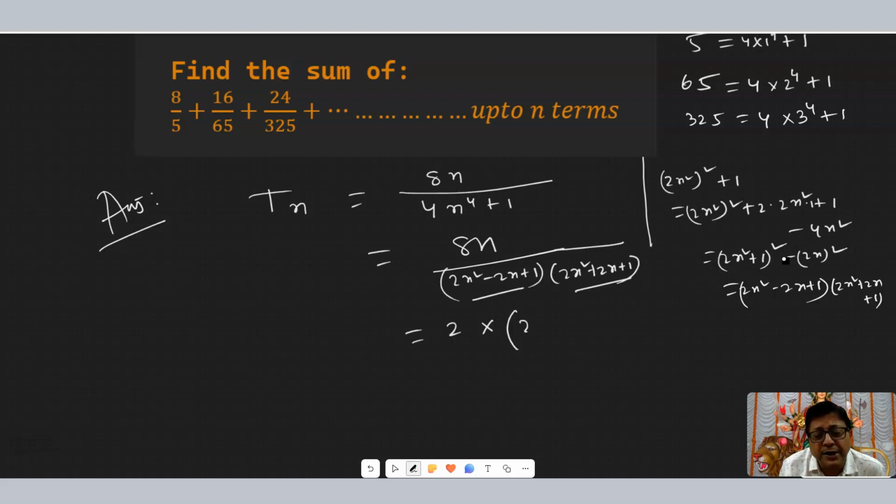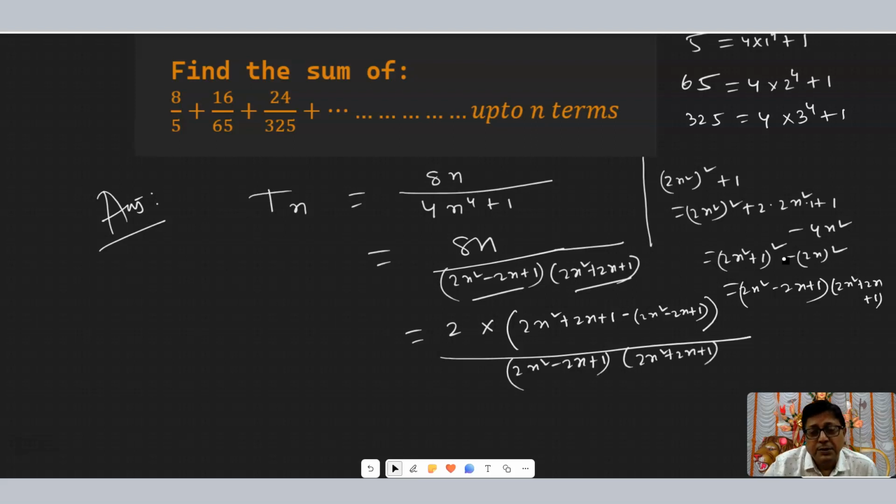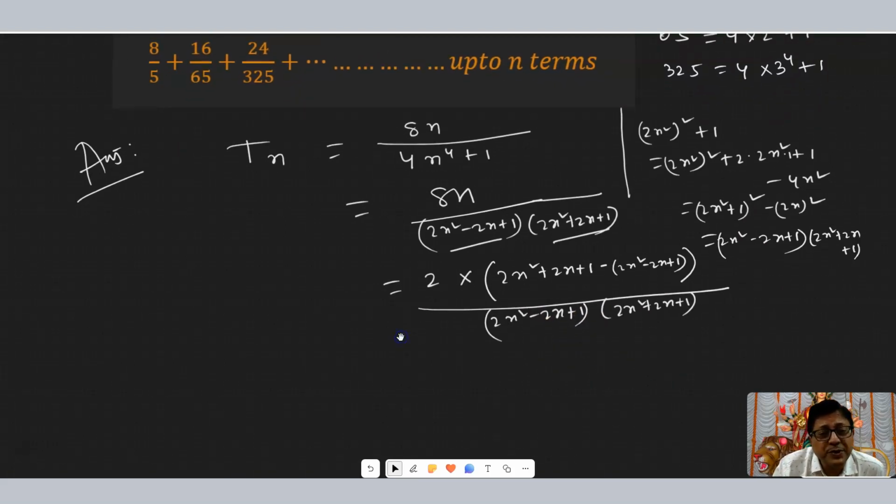That 4n you write in the form 2n square minus, this divided by, so I hope this is also a telescoping series.